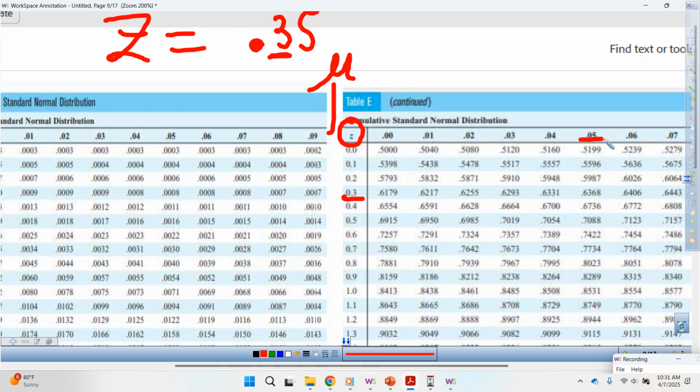Underline that one. Once you find the two numbers, go one from the side, one straight down until you intersect them and find that decimal form. What is that decimal form? 0.6368. Is that correct?